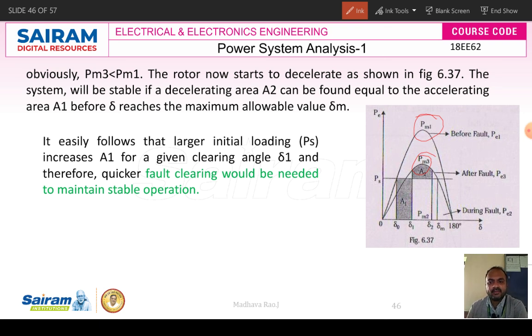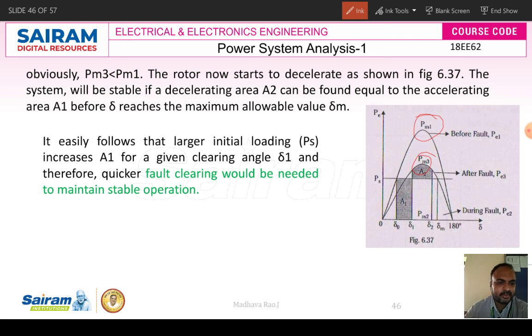It easily follows that a larger initial loading Ps increases the area A1 for a given clearing angle delta 1, and therefore quicker fault clearing would be needed to maintain stable operation.